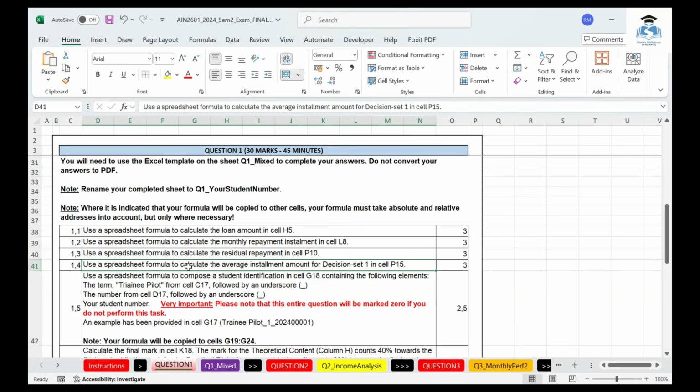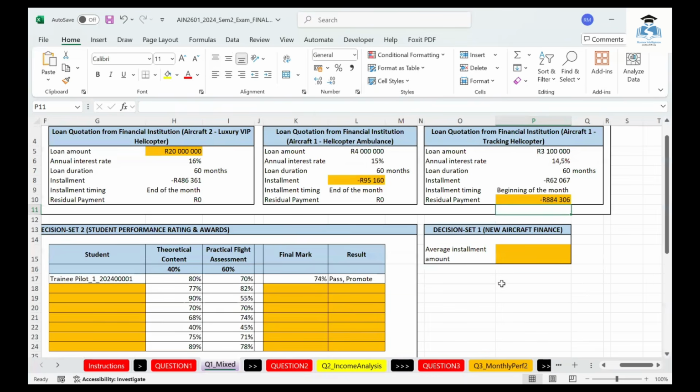Use a spreadsheet formula to calculate the average installment amount for decision set 1 in P15.